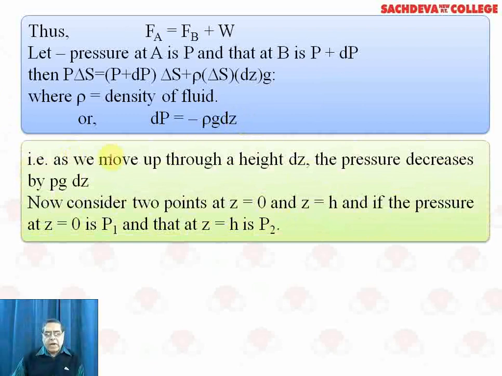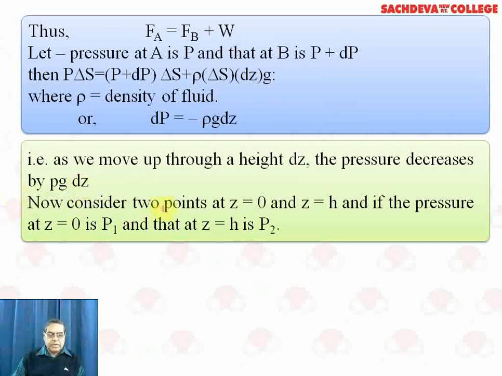Now, we come to the next concept. As we move up through height dz, the pressure decreases. So at the higher points, the pressure will decrease, and at the lower point, the pressure will be more. So for the lower pressures, we have to add certain quantities, and for the top pressures, we have to reduce certain quantities.